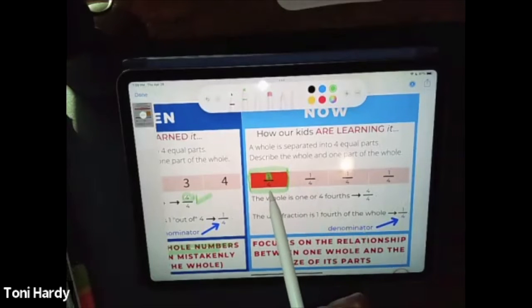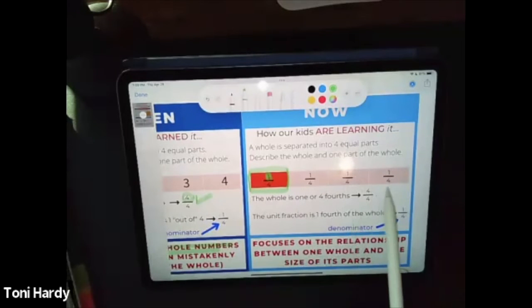Sorry, y'all. 1/4, 1/4, 1/4, and 1/4. The whole is 1 or 4/4. The unit fraction is 1/4 of the whole, which is 1 over 4. And that numerator is 1 to show that it is a unit.